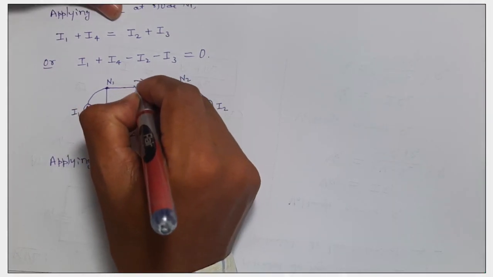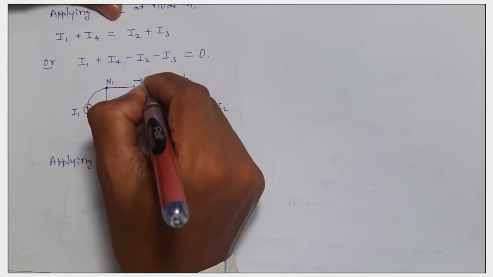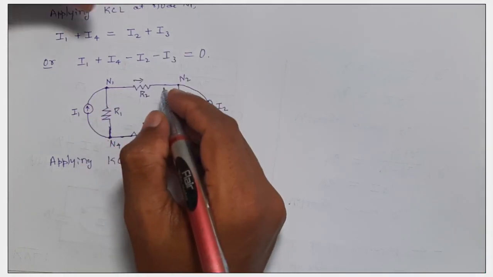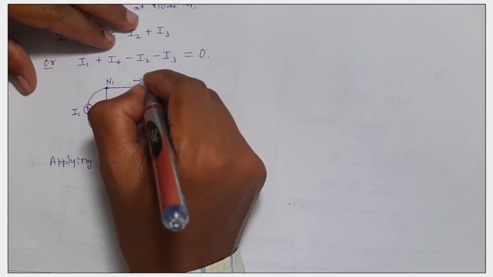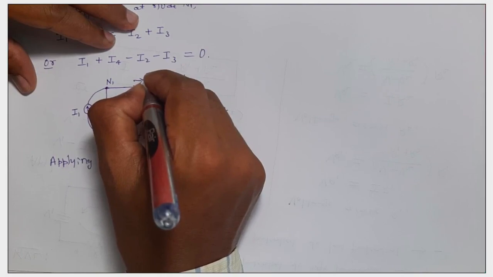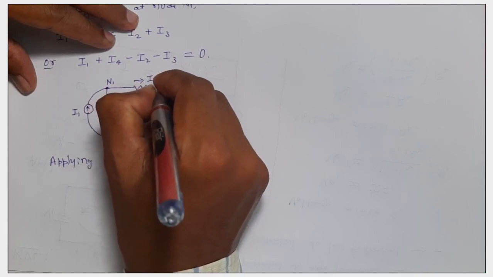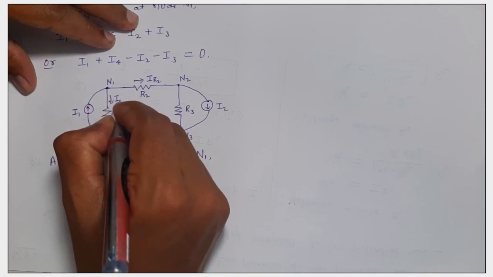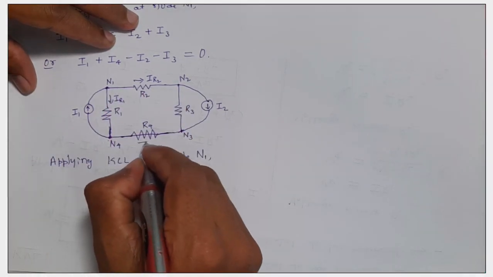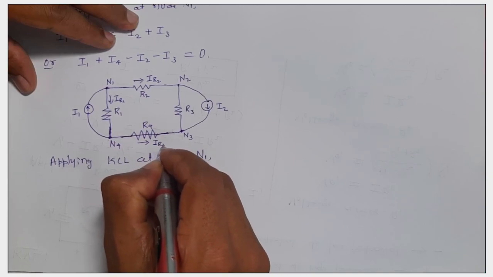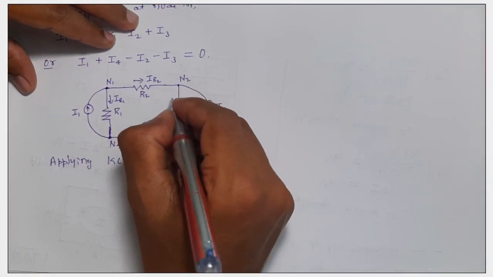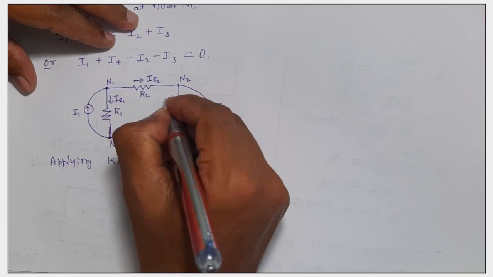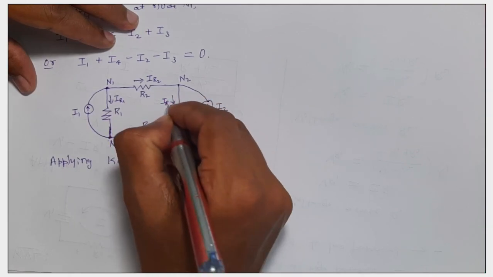Let us consider here, this is the current direction which I call IR2, and you can assume any direction because we don't know. This is IR1 and this is IR4, and let me assume this current direction like this, which is IR3.